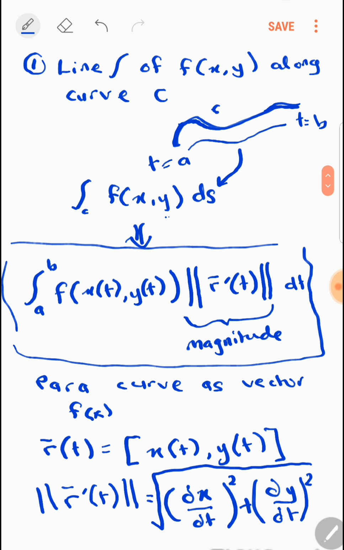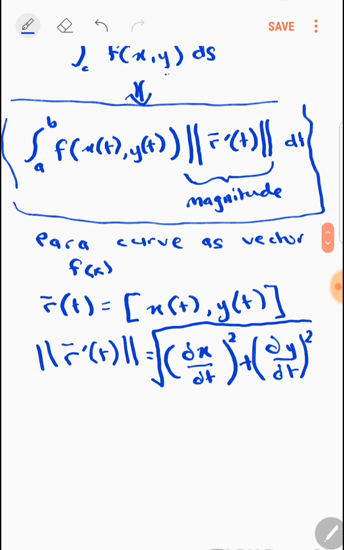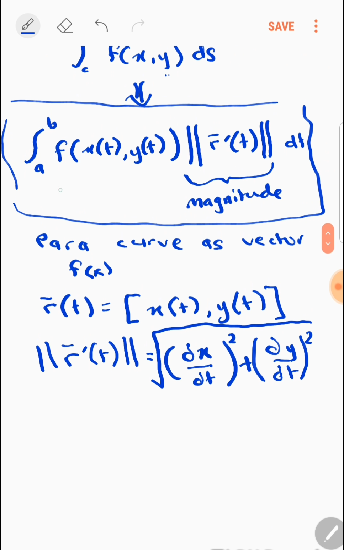And that will be our r prime t in terms of the magnitude, which is indicated by these two vertical lines here.